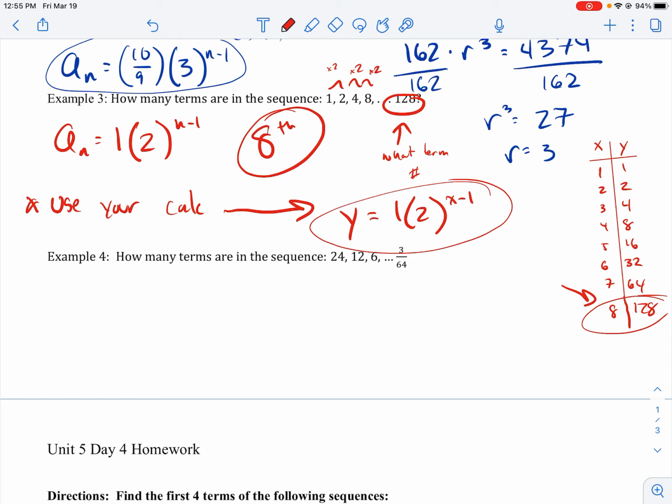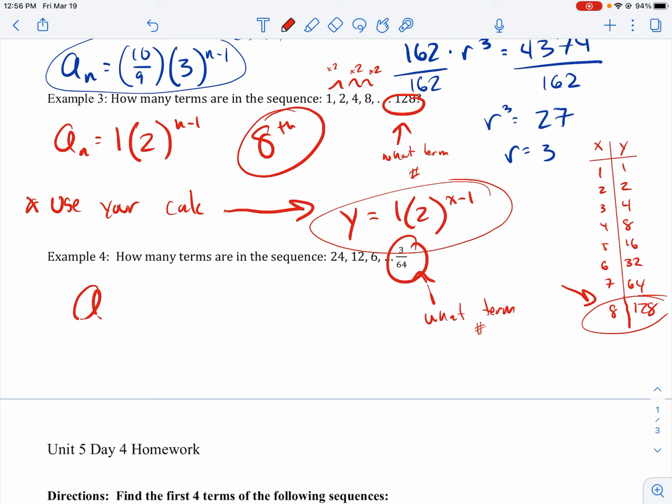Okay? All right, the next one. Same sort of process, right? We don't know what our common ratio, oh, I'm sorry, back up. We don't know what this last term is here, right? So it's asking for what term number is this guy? Okay. So that being said, use the same process we did before, right?